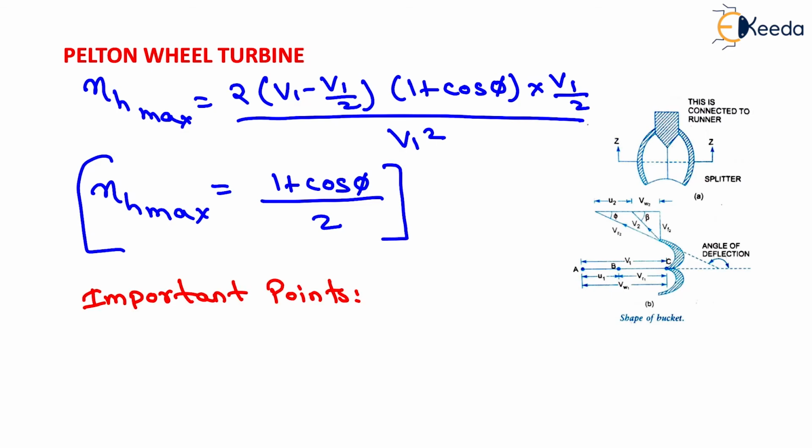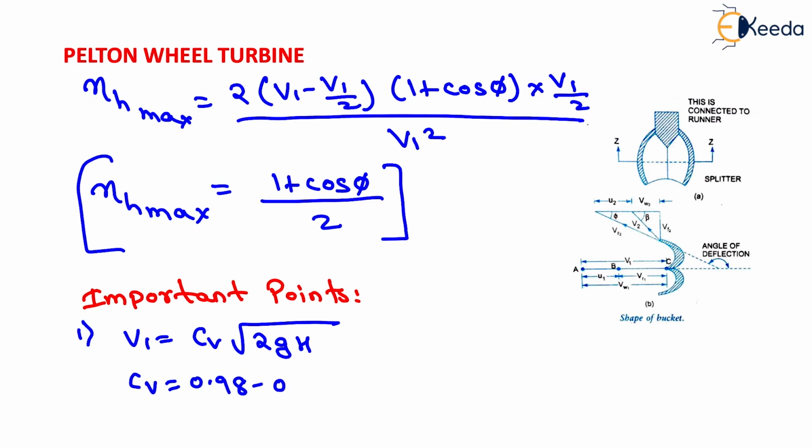Now there are some important points we have to remember for the Pelton wheel. The first one is the velocity of the jet at inlet, that is V1 equals Cv into root of 2gh, where Cv is the coefficient of velocity whose value ranges between 0.98 to 0.99, and h is the net head on the turbine.